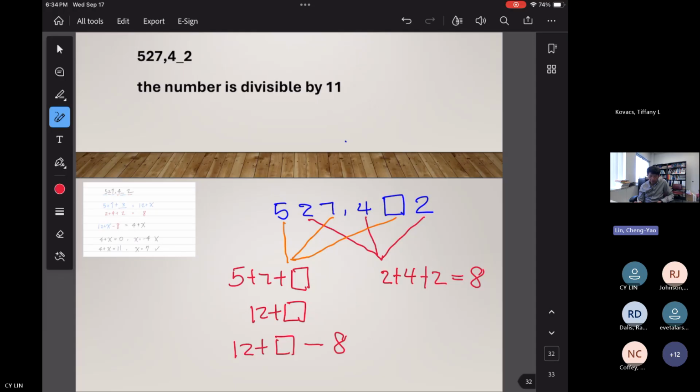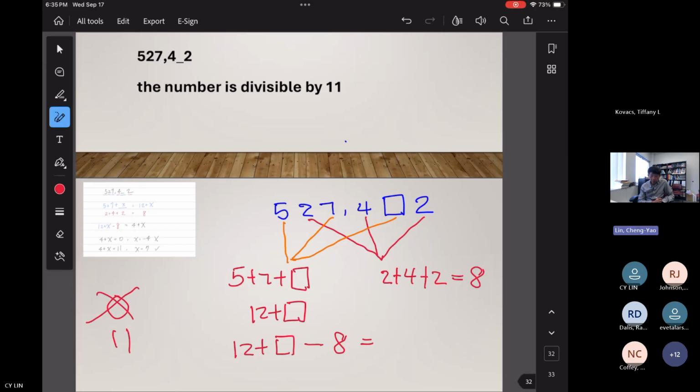And then if this is a number divisible by 11, you can find out what the number is. Either we have 0 or we have 11.